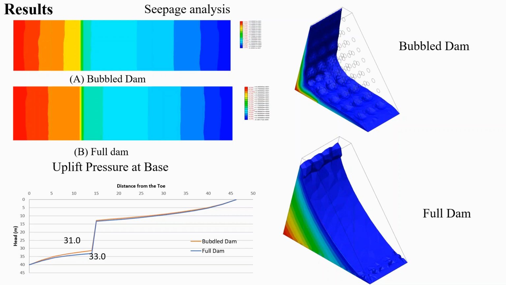In the bubble dam, water head was dissipated by the first column of the bubble, whereas it continued to the middle of the dam in the traditional full dam. Also, the first row of the bubble helps in decreasing uplift by 2 meters.